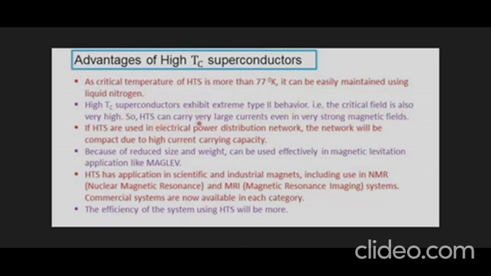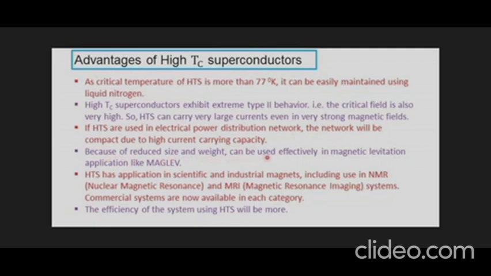If HTS are used in a power distribution network, the network will be compact due to the high current carrying capacity. Because of reduced size and weight, they can be used effectively in magnetic levitation applications like Maglev.